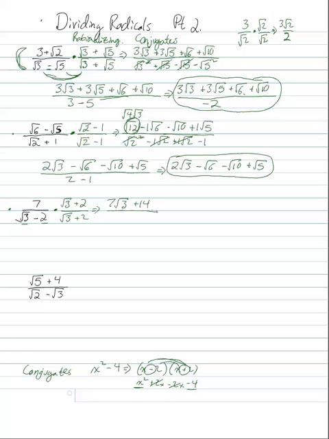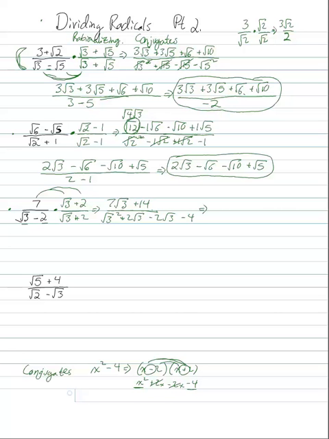The numerator wasn't two binomials, so I didn't have to FOIL this time. I did just distribute the 7. The denominator I will have to FOIL. So square root of 3 squared, minus, sorry, it's a plus, isn't it? So plus 2 square root of 3. Let's see, minus 2 square root of 3 minus 4.